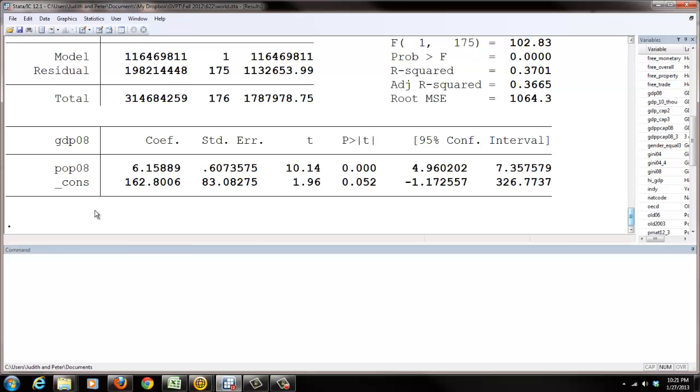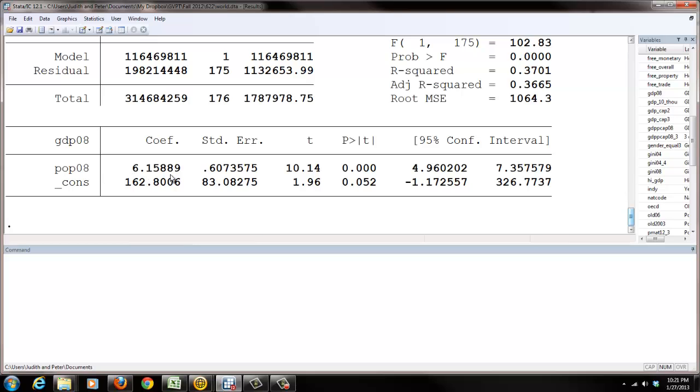Remember that we always interpret the coefficient in OLS as the effect on the dependent variable of a 1 unit increase in the independent variable, and we express it in terms of the units of the dependent variable. The units of the dependent variable here are billions of dollars, and those of the independent variable are millions in terms of population.